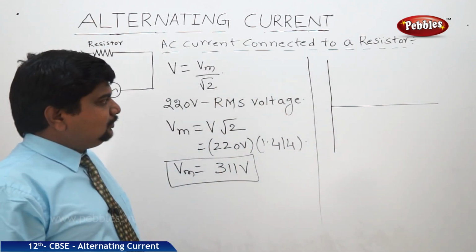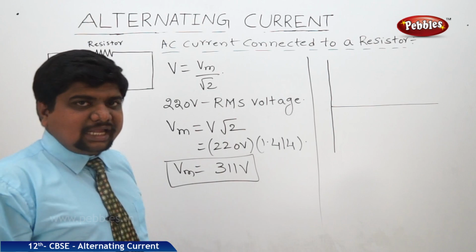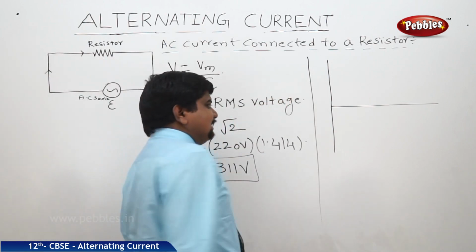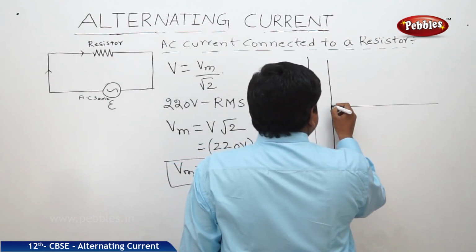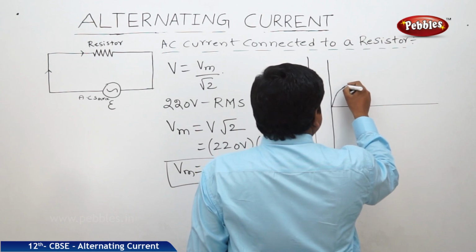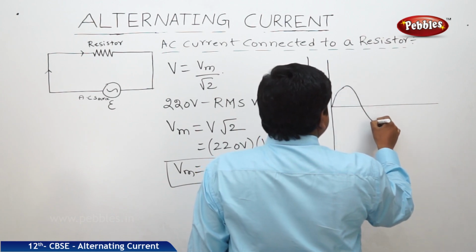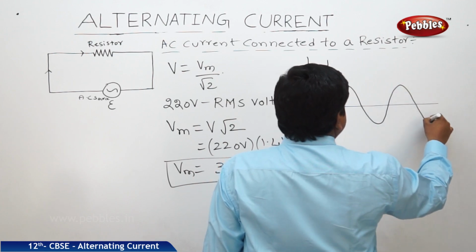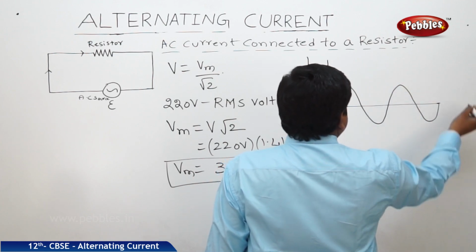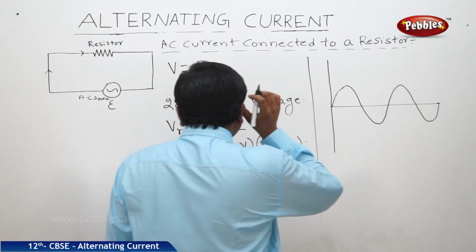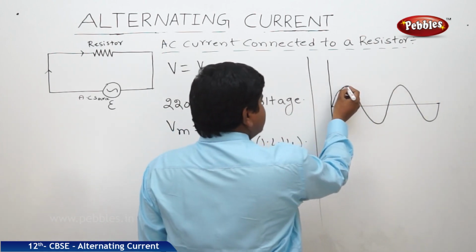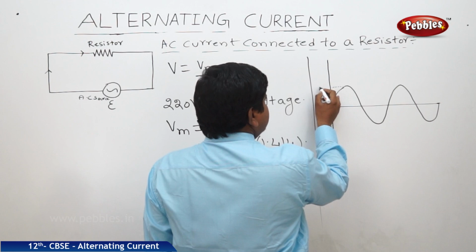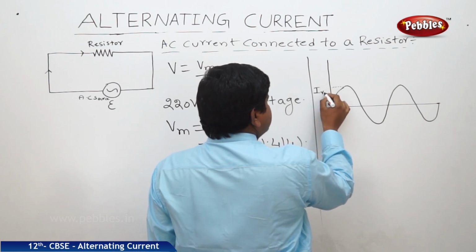Now we are going to find out the relationship between I and Im through graphical variation. This is I, or IRMS.